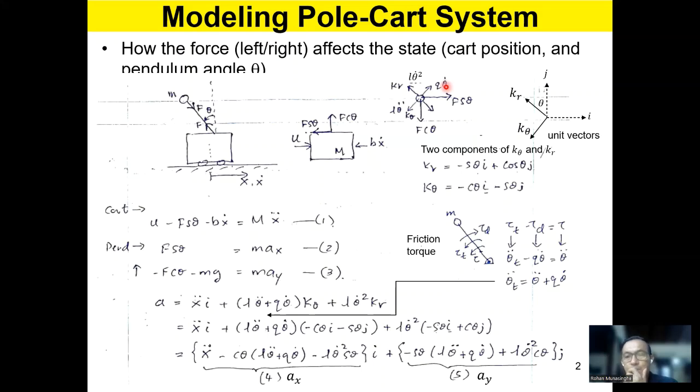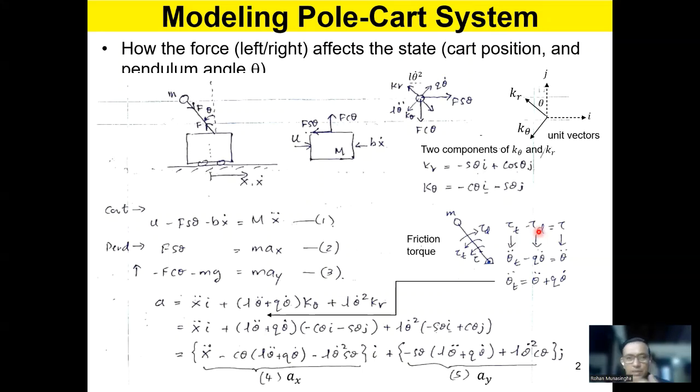Now, if you look at the total torque on the pole, which causes the motion, part of that torque is to be spent to overcome the friction, the drag, etc. So we can write tau t, that is the total torque, minus tau d.